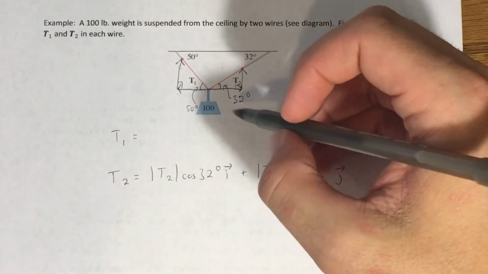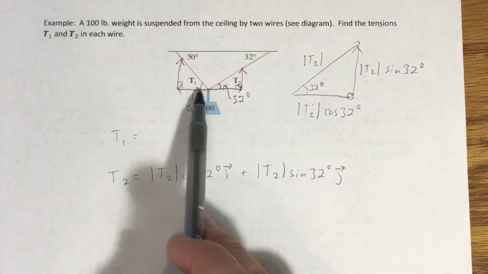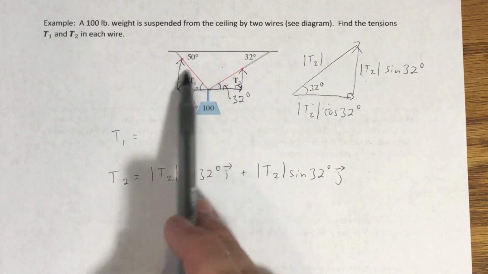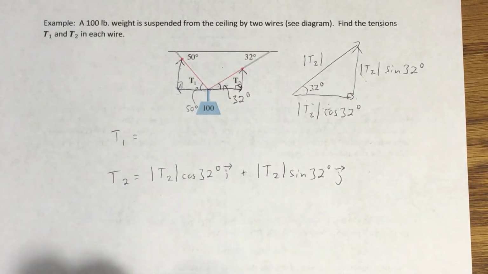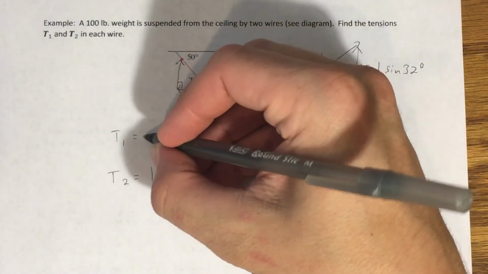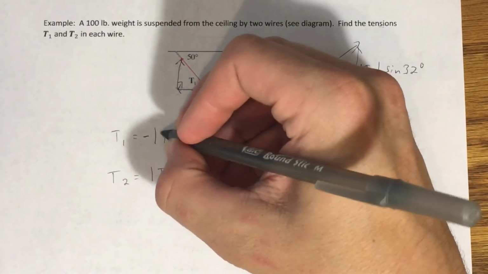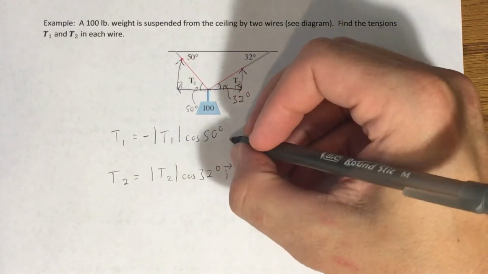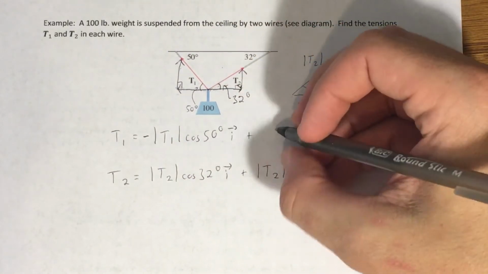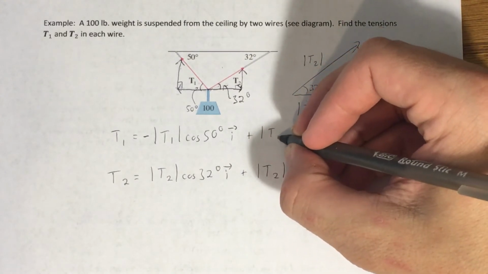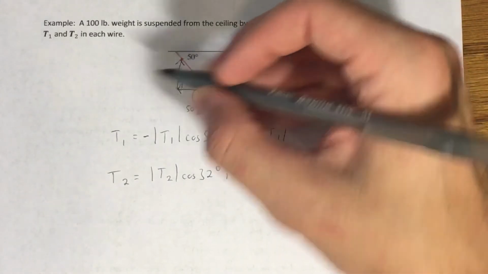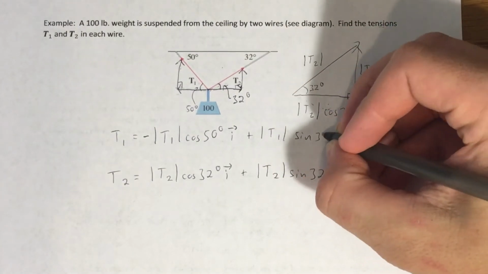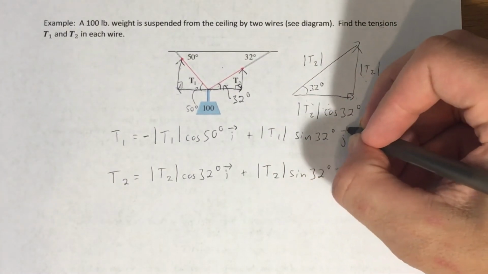So all that means is that if I figure out the magnitude of this vector, I need to make it negative so that it reverses the direction of that i vector before I multiply it to i. I'll end up with this, negative T1 cosine of 50 degrees i, plus this one doesn't need to be made negative because this vector is pointing up. So that's T1 sine of 32 degrees times j.